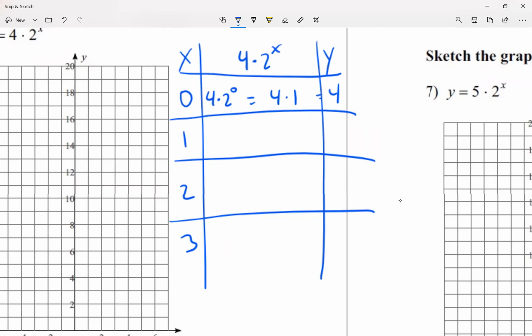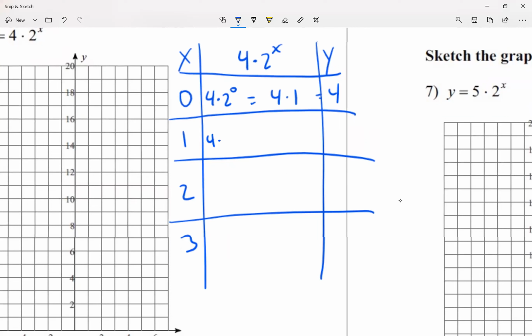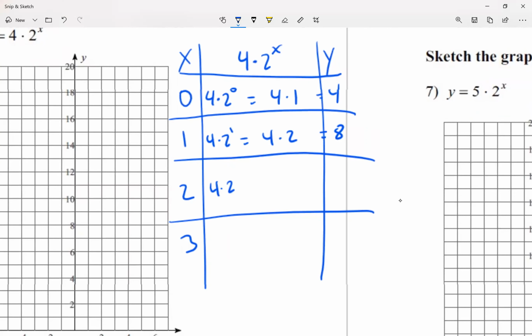Now what if x equals 1? I have 4 times 2 to the 1, basically 4 times 2. So that's 8. What if x equals 2? I have 4 times 2 to the second. That's basically 4 times 4. So 4 times 4, that's 16.